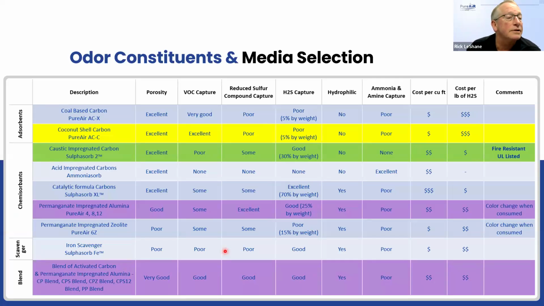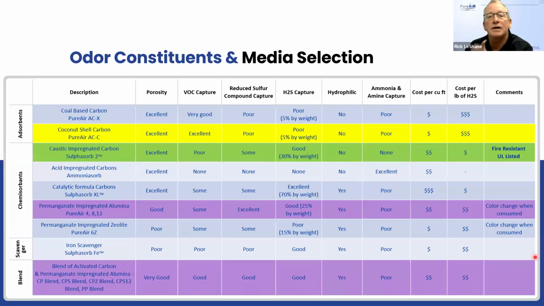And when you look at our Sulfazorb, you can see the initial cost might be a little more, but the cost per pound to get rid of the H2S is low. So it just makes more sense to use our high capacity carbons in high H2S situations.